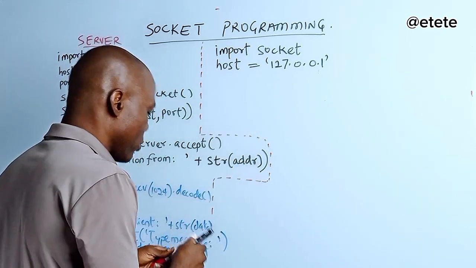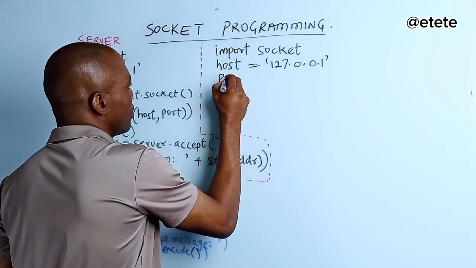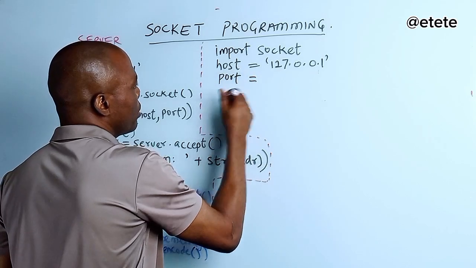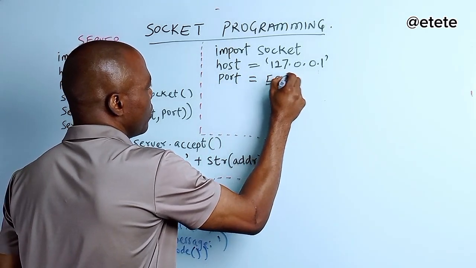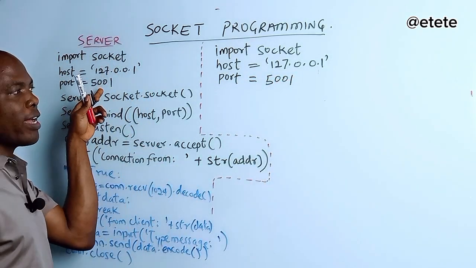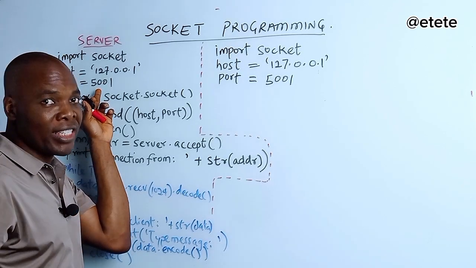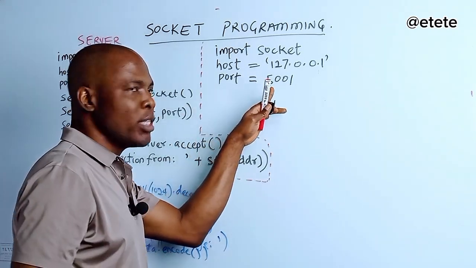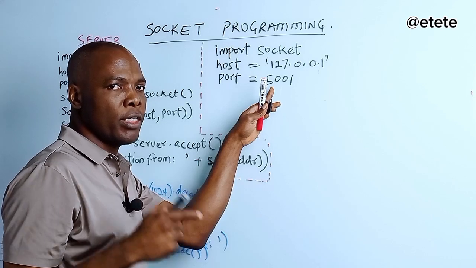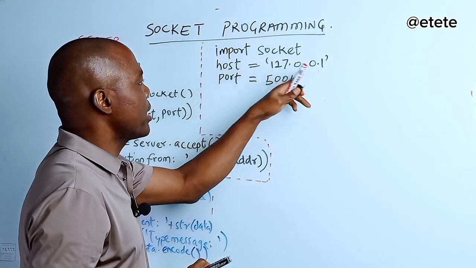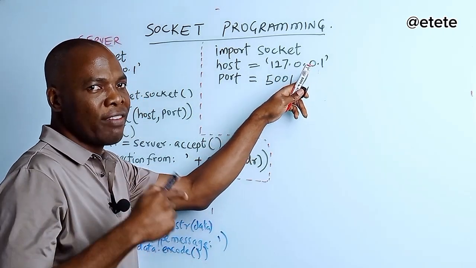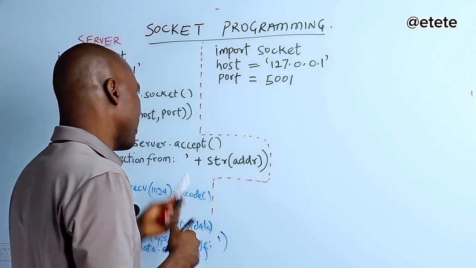And then the port. The port is 5001, which is the port the server is listening to. That is the port the client is going to send the message to. This means the server is on the same machine as the client.